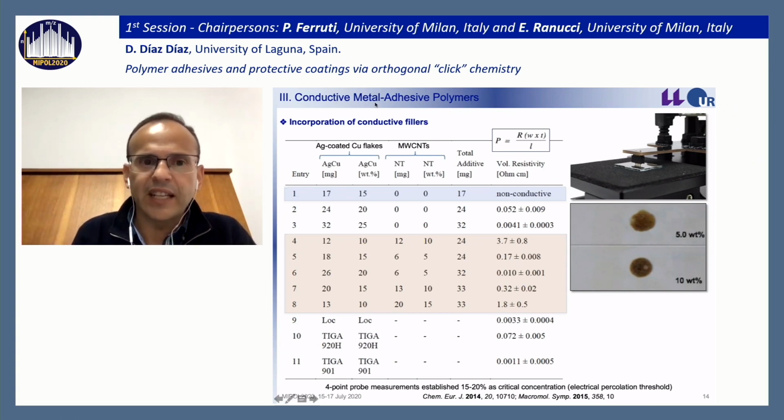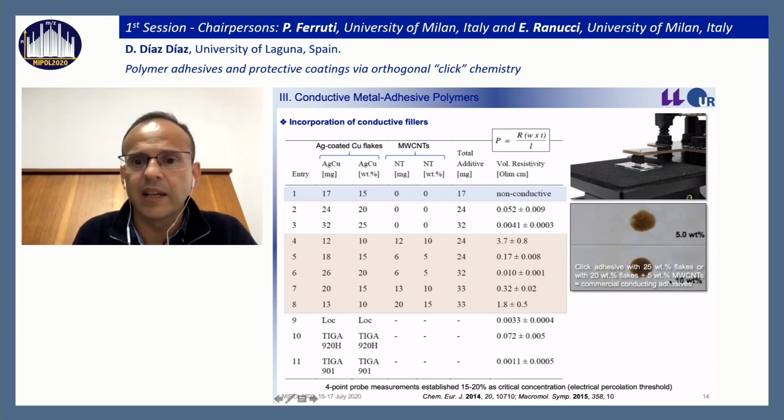So if we add a little bit of this, in particular, 25% of the flake, or 20% of the flake plus 5%, for example, of carbon nanotubes, we can make a conductive adhesive.